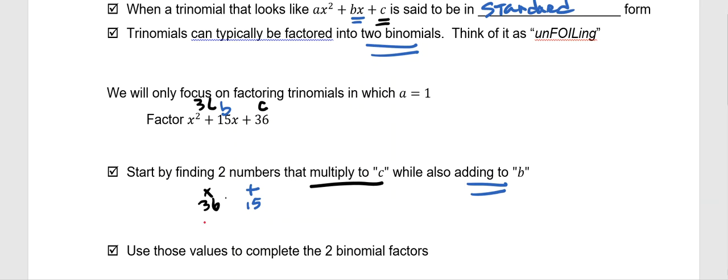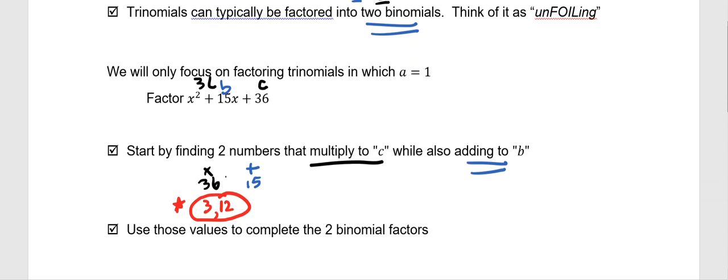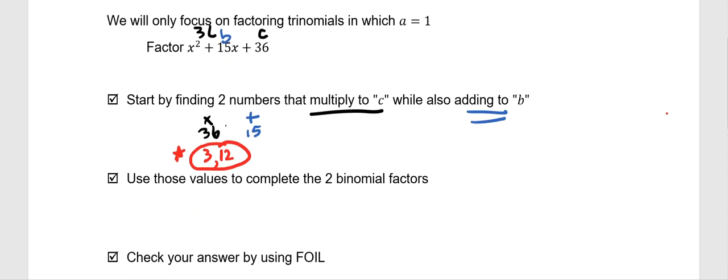And then when I move on to 3, I know that 3 and 12 will multiply to 36 while adding to 15. So those are the numbers I'm interested in: two numbers that multiply to a target of 36, my c value, while adding to a target of 15, my b value.